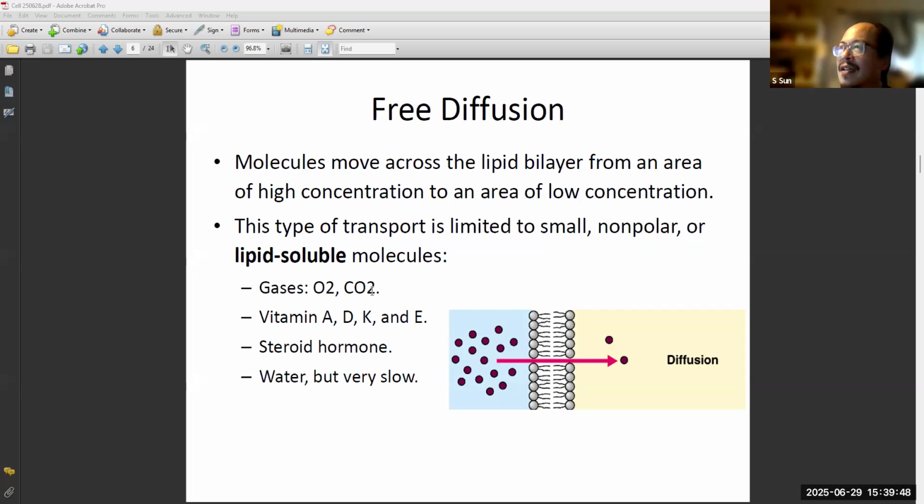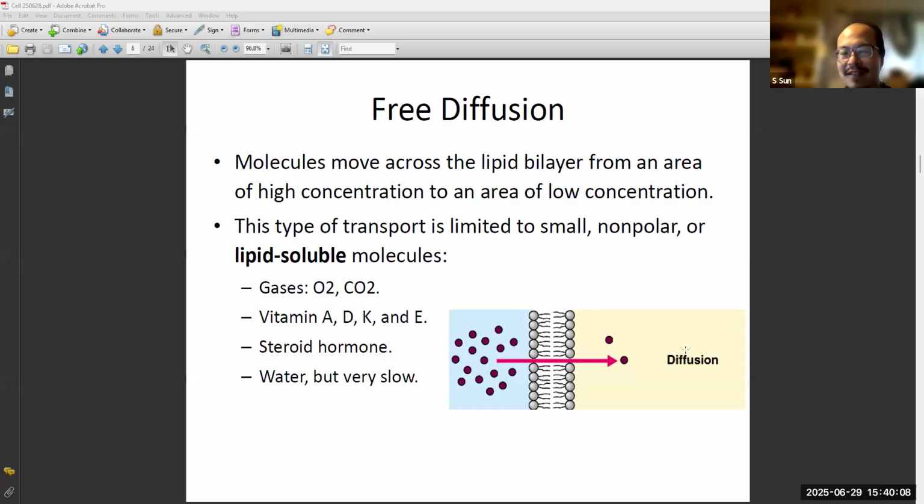They are gases. Your cells need oxygen. Your cells produce CO2, and so this is a byproduct of a living thing. You breathe out CO2. Your cells also produce CO2. You need oxygen. Your cells also need oxygen.